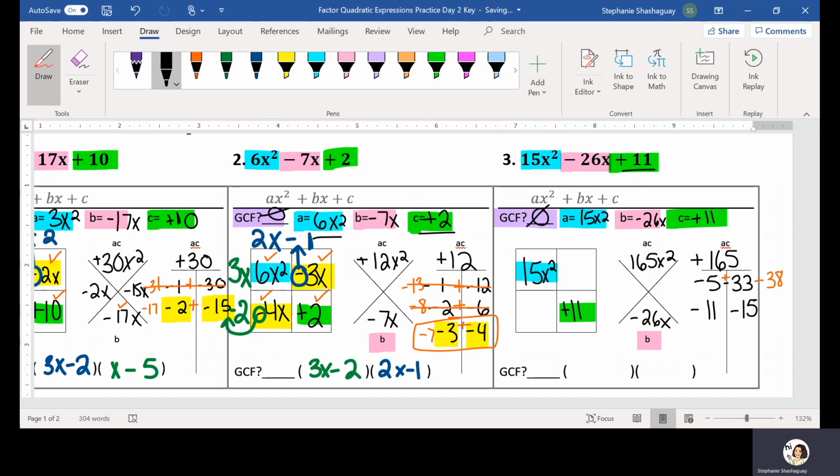If you multiply 11 by 15, you're going to get 165. Well, if I add those together, negative 11 plus negative 15, I'm going to get negative 26. So there are my factors that will add together to give me negative 26.